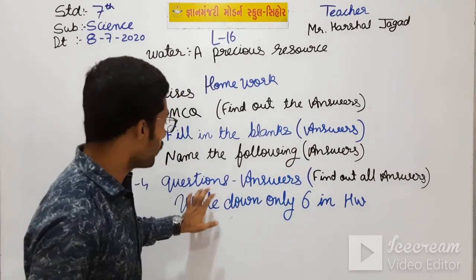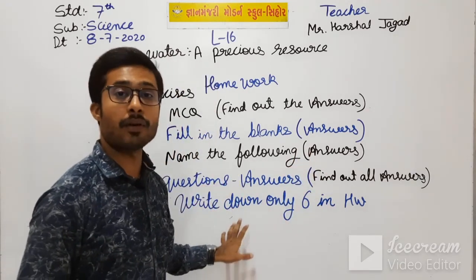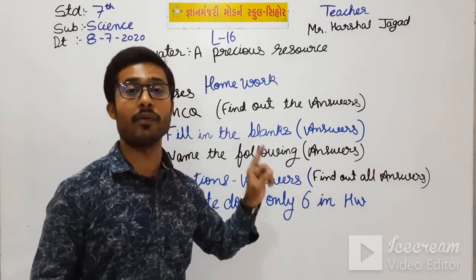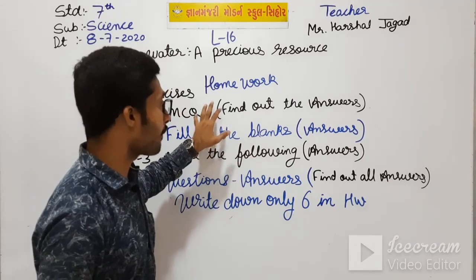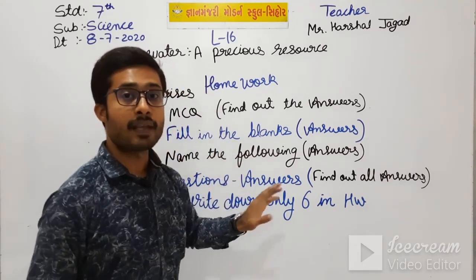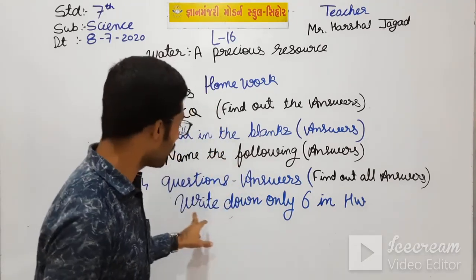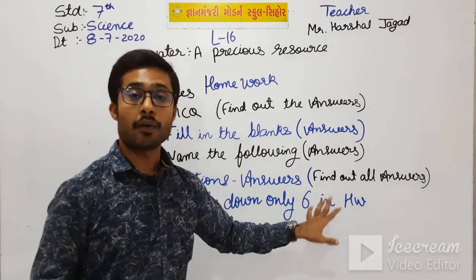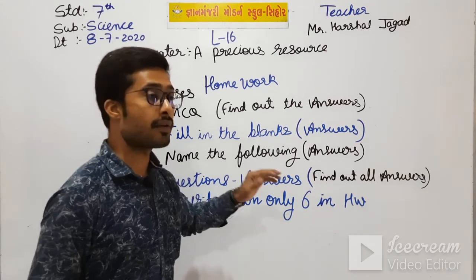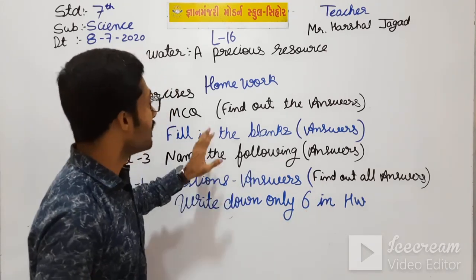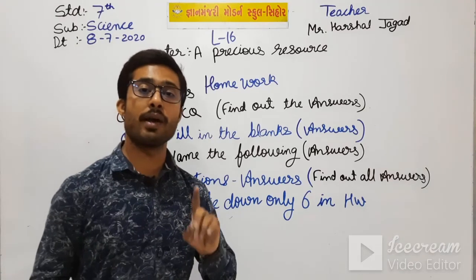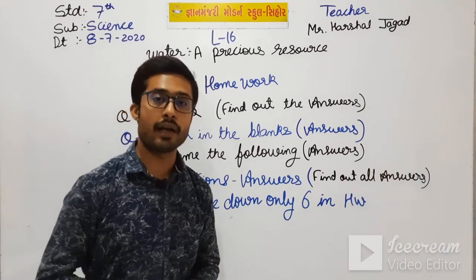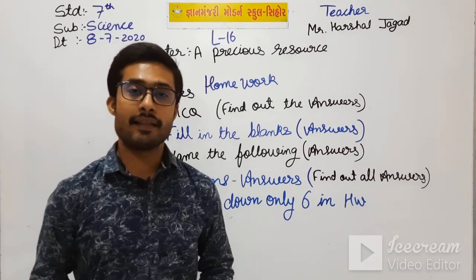There are 12 question answers; out of 12, only 6 you have to write down and submit. Don't take pictures of everything and don't submit that. In the next video I will give the answers, and you just have to verify whether your answers are correct or not.